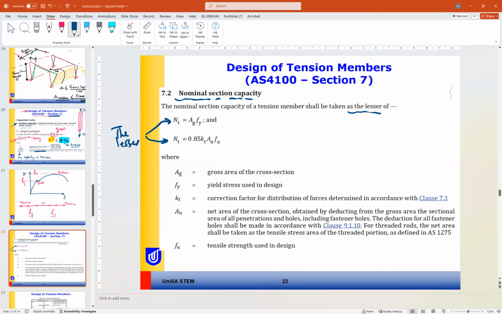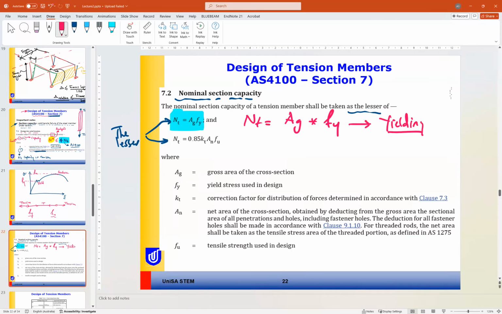One value is Nt equal to Ag times f yield. This criterion is for yielding.